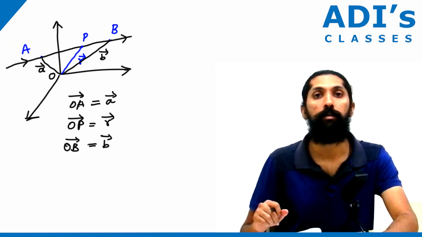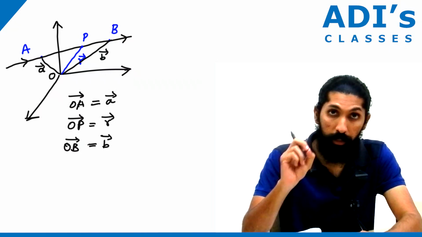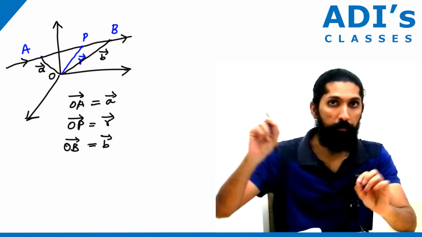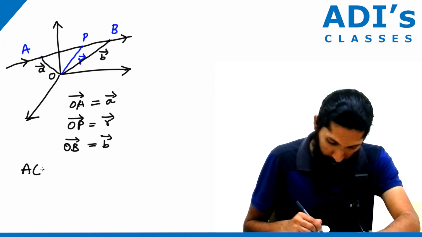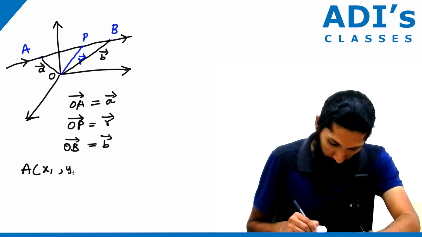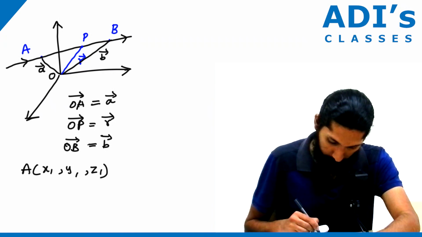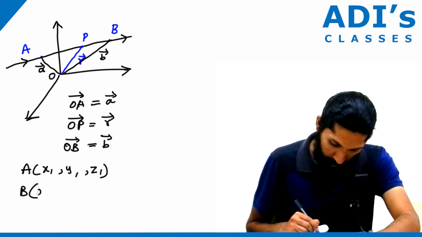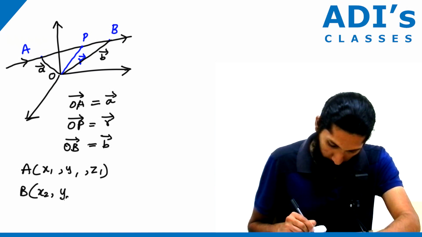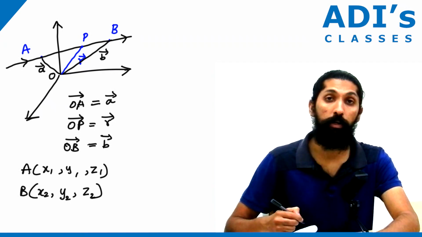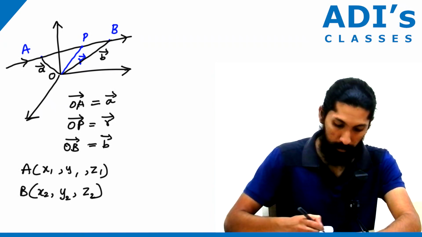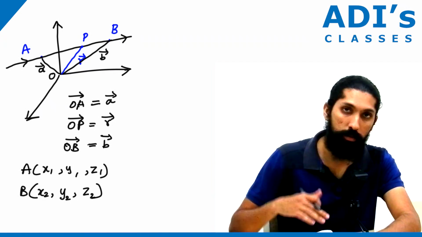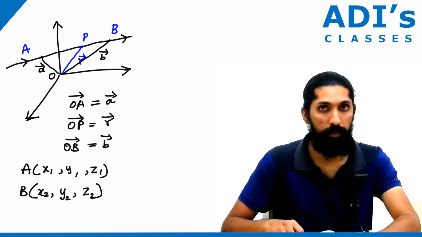Make sense? Now what are we trying to figure out? The equation of the line passing through AB, correct? So point A, call it as x1, y1, z1, and point B is x2, y2 and z2. We have point A and we have point B. Now let's look into the position vectors again. We'll use the same logic what we did in the previous case.